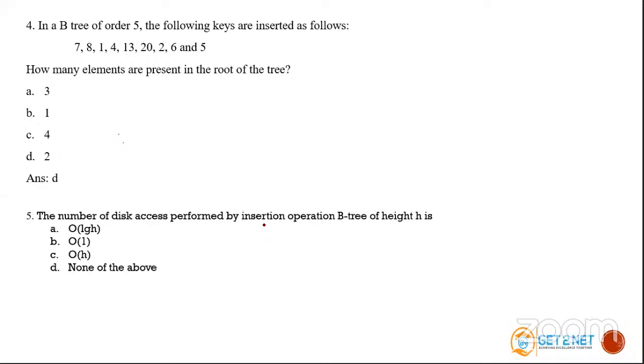I have not taught the insertion part or the time complexity. It will take big O of h. It will take the height only. It will go by height, first height, then second height. The answer will be C. Order of h means order of height. Okay, clear? So let's move to the B plus tree.